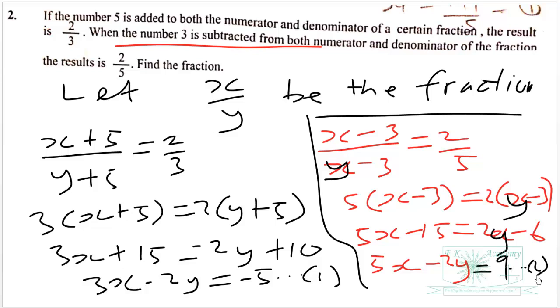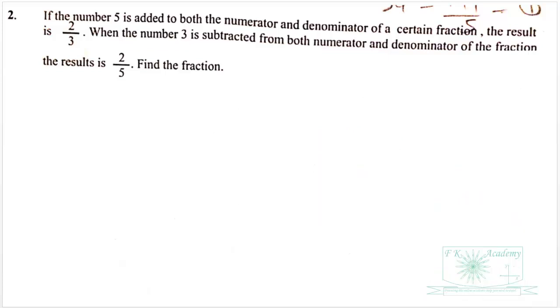When we subtract equation 1 from equation 2, we obtain 2x is equal to 14. So this gives us x to be equal to 7.